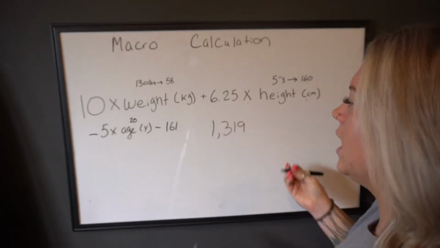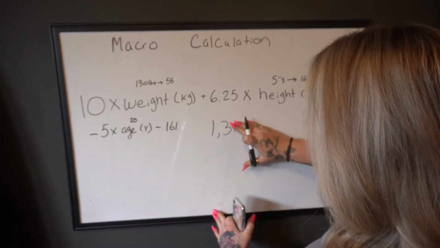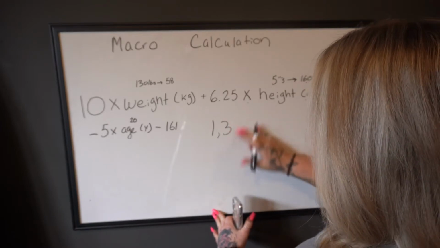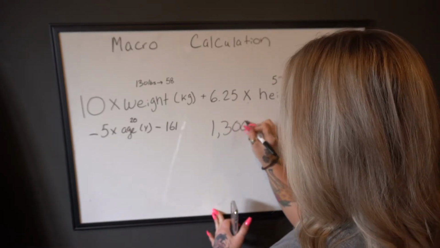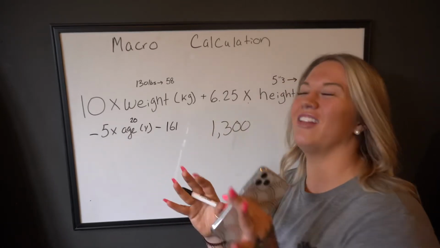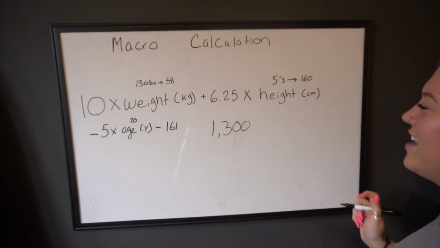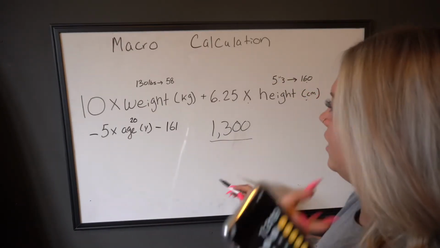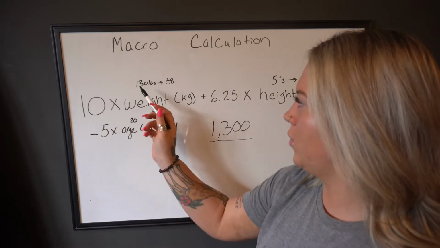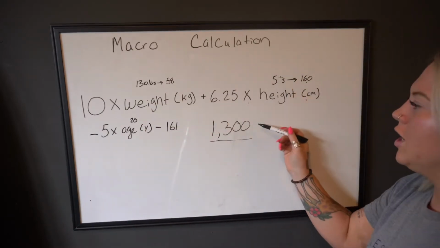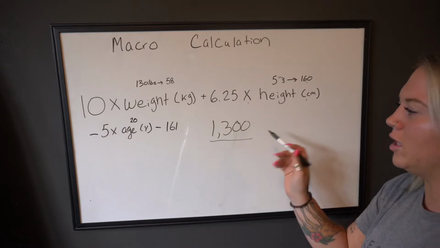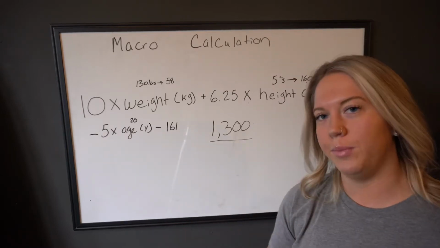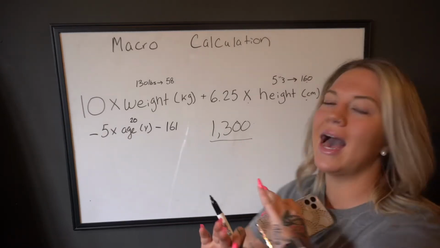So here we have 1,319 calories. To make it simple, I'm just going to go 1,300. It's easier, and those 19 calories aren't really going to make a huge difference. So if you are 20 years old, weigh 130 pounds, and are 5'3", 1,300 calories is how much you should be consuming, because that's what your body is burning by doing absolutely nothing.